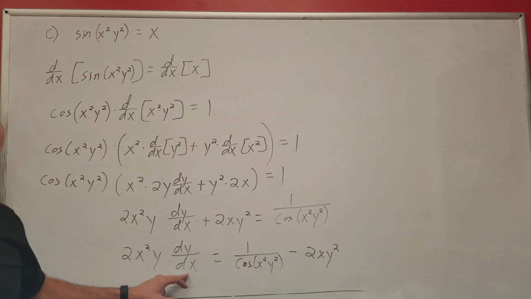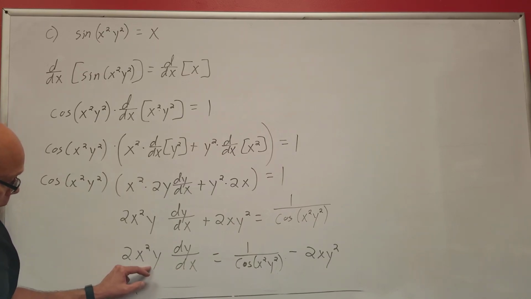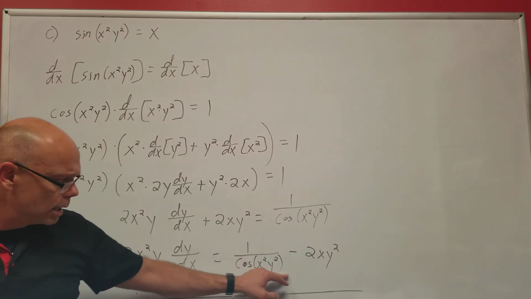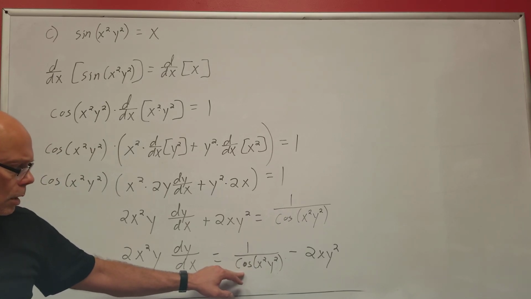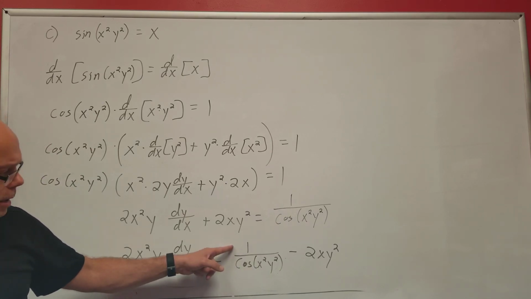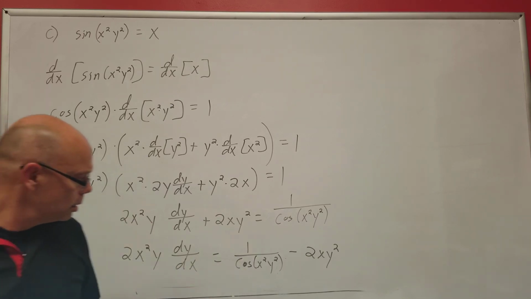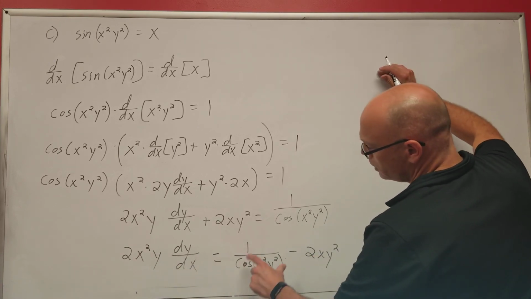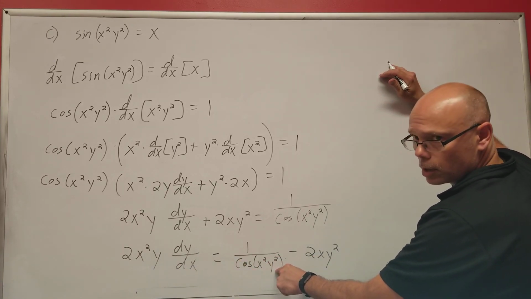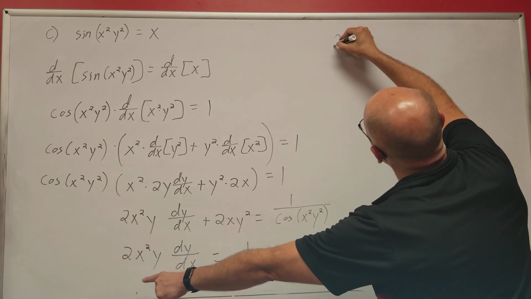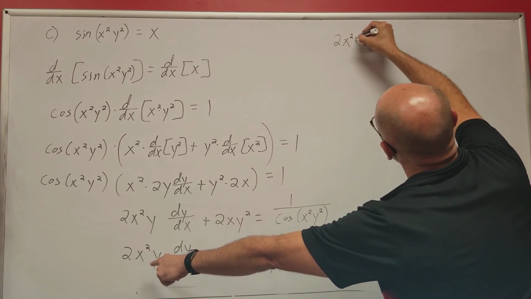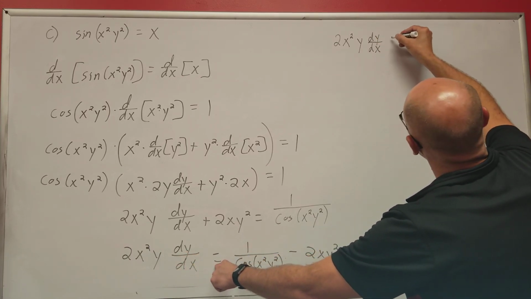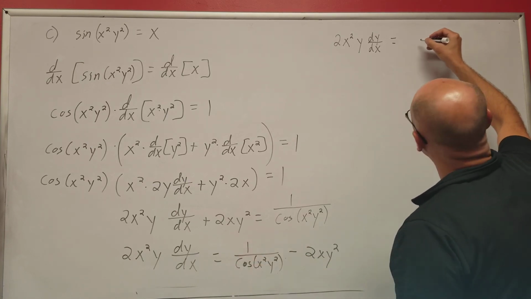Now, to finish solving for dy over dx, I'm going to have to divide both sides by 2x squared y. But if I divide this by 2x squared y, it's going to give me a nasty fraction here, right? So what I could do to avoid that is I could say, okay, what's 1 over cosine? Which identity is that? Secant? So in other words, I can replace this with the secant of x squared y squared. Let's do so. So let's bring down 2x squared y. Let's bring down the dy over dx from right here is equal to, but this part we're going to call what?